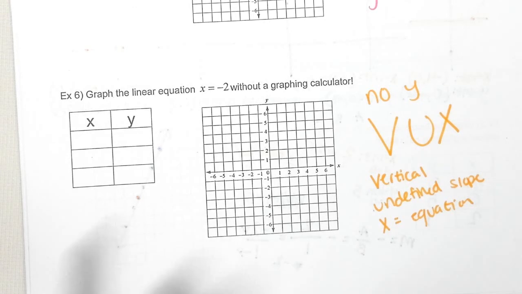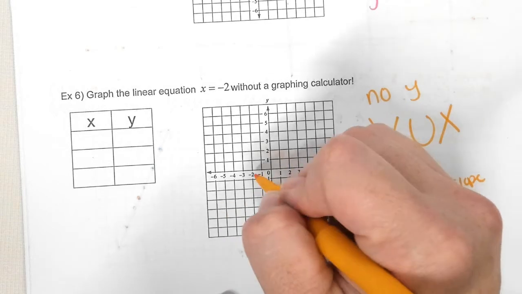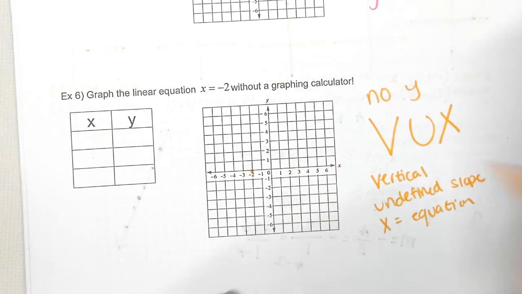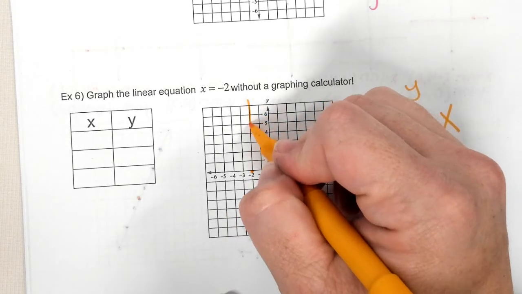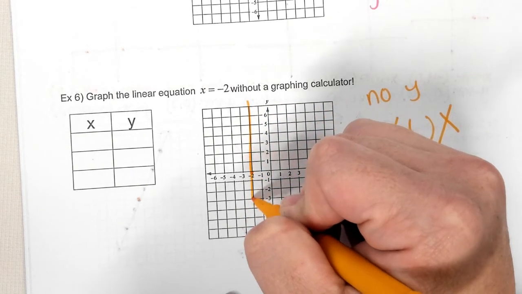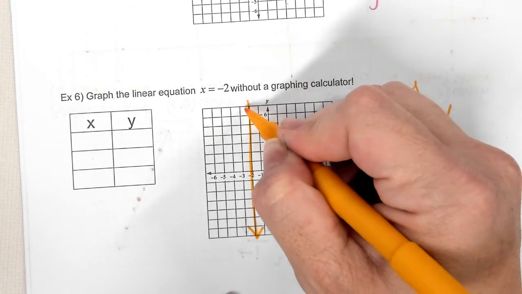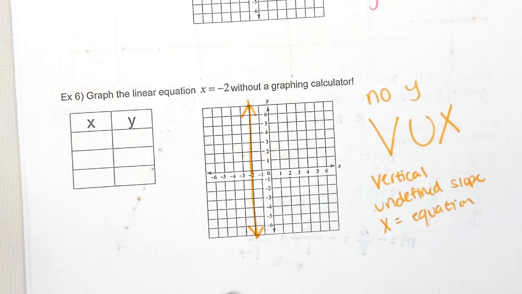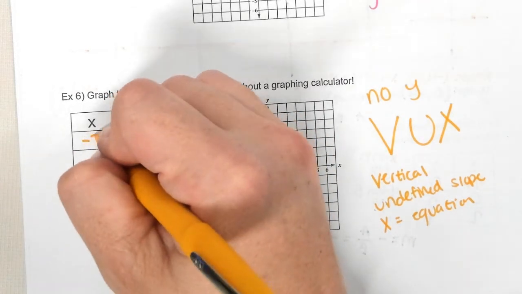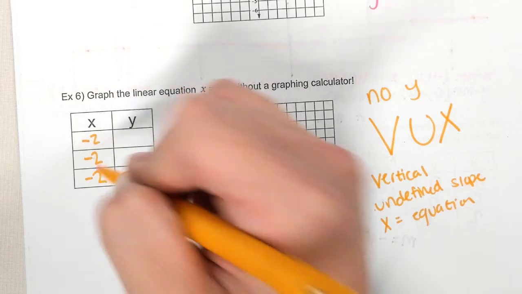So I know at x equals -2, well here's x is -2, I'm going to have a vertical line, which is up and down. And I know that everywhere in the table, x is going to be -2.